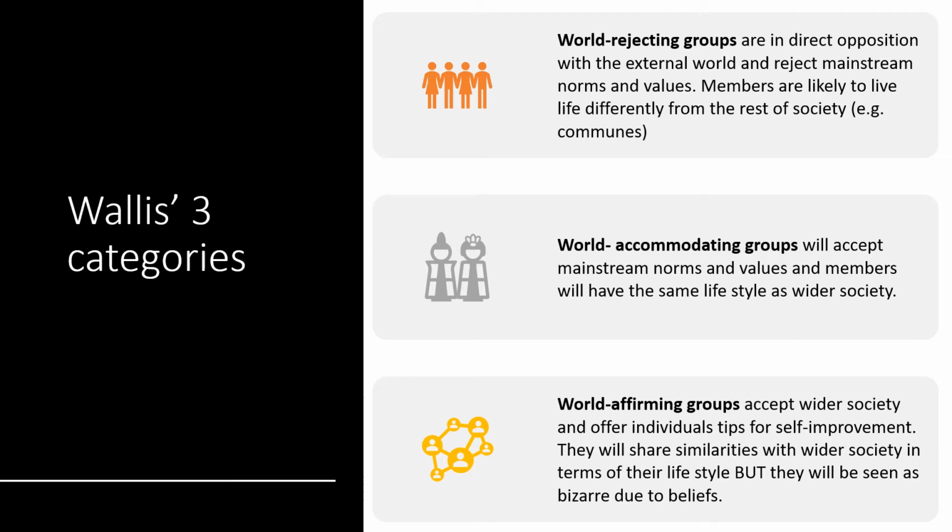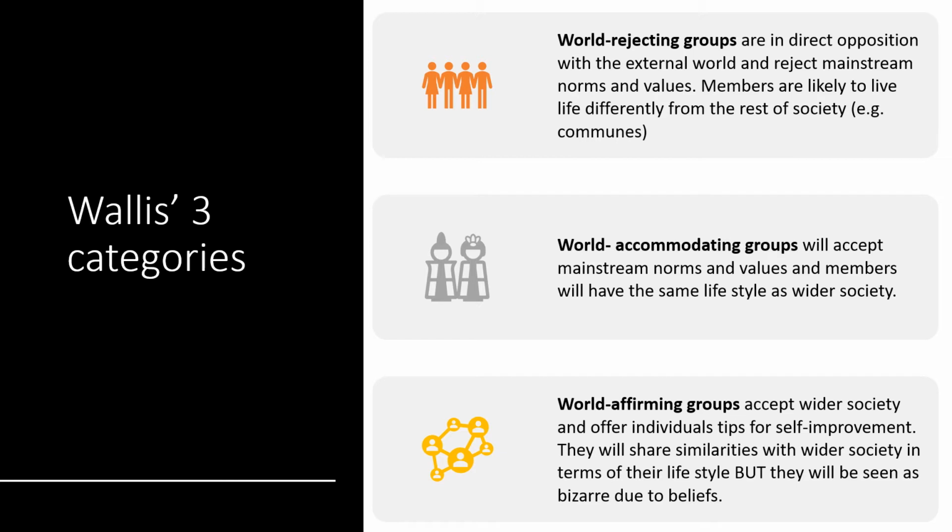A world accommodating group is one that accepts mainstream norms and values, and the members largely share the same lifestyle as wider society. So they exist in the world and they carry on within the world, and they have the same norms and values and goals as wider society.